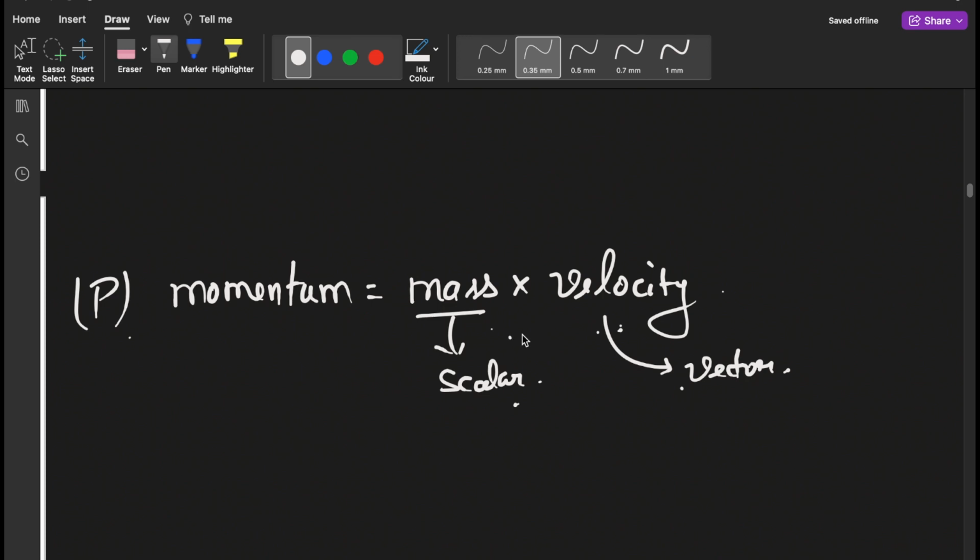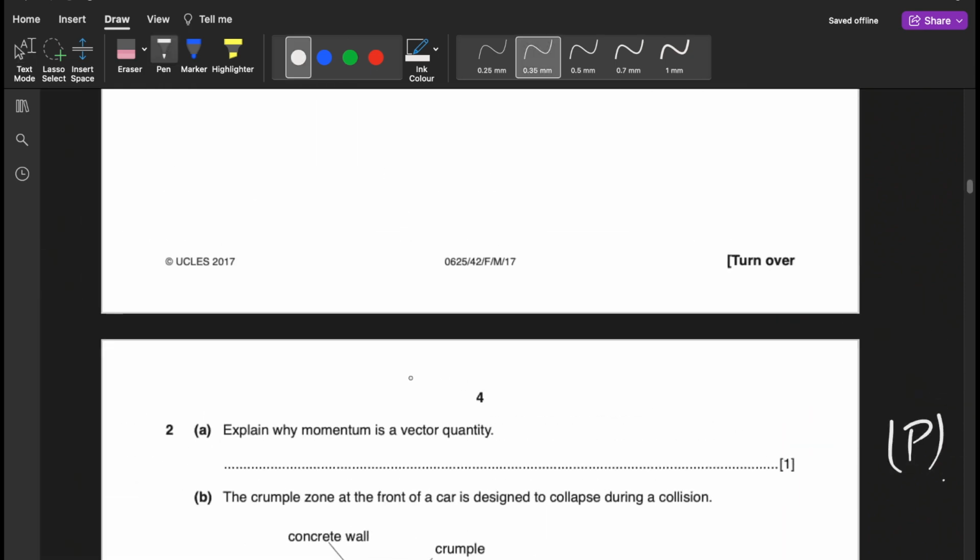So if we do the product of both of them, we will get a vector quantity. Have you got that point, Vikram? So this is the explanation. Because it's a product of a scalar and a vector quantity, if you multiply a vector quantity with a scalar quantity, you will get a vector quantity.